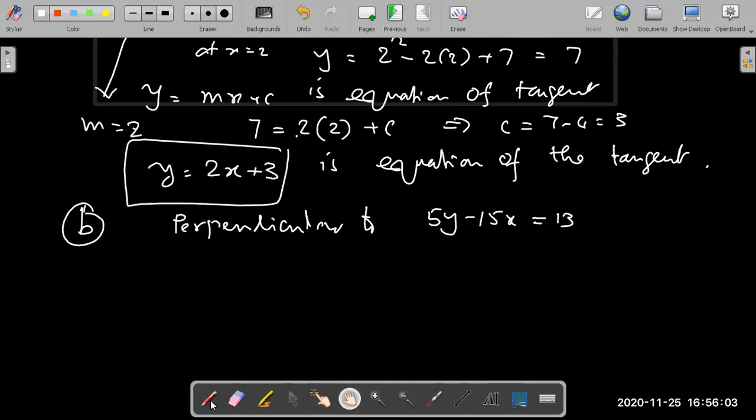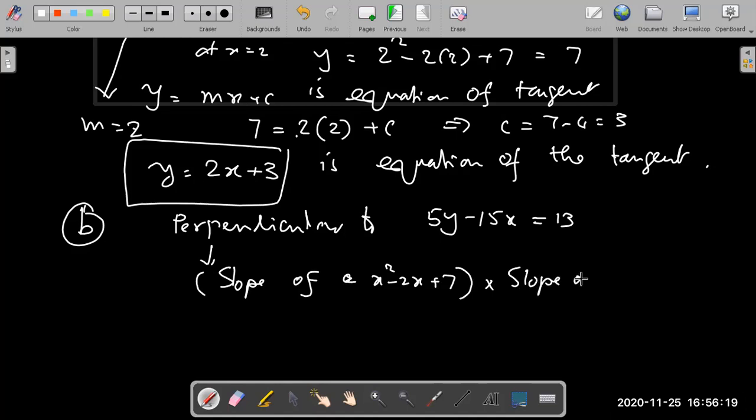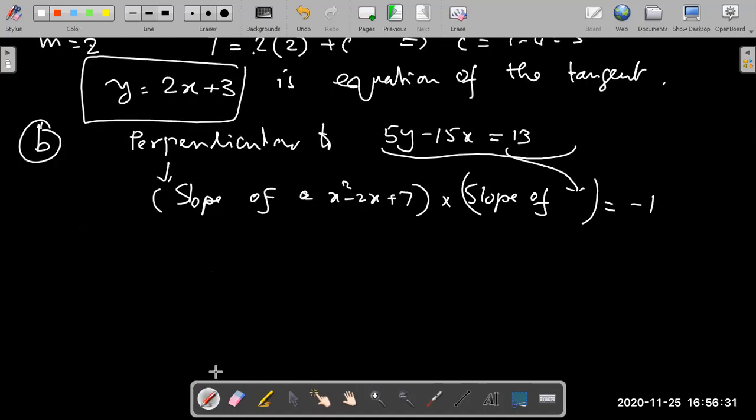Perpendicular means the slope of our curve y = x squared minus 2x plus 7, multiplied by the slope of this line, should be equal to minus 1. So the slope of this is nothing but dy by dx multiplied by the slope of that.